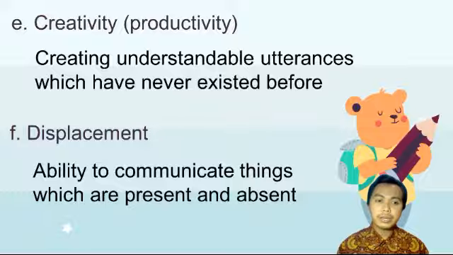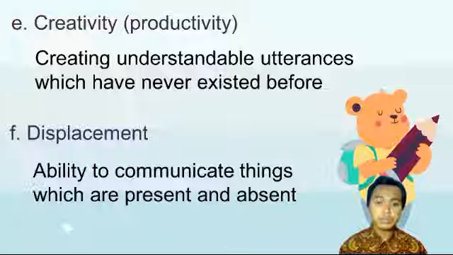There are no restrictions found in human language related to creativity. So humans can produce novel utterances whenever they want to. A person can utter a sentence which has never been seen or heard before, and you can also create your own term for certain things.